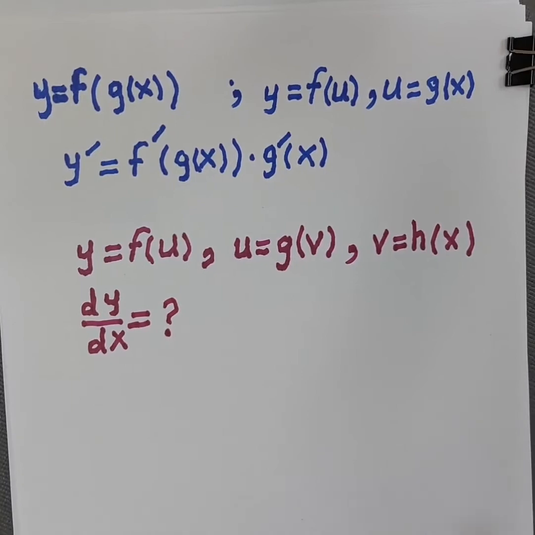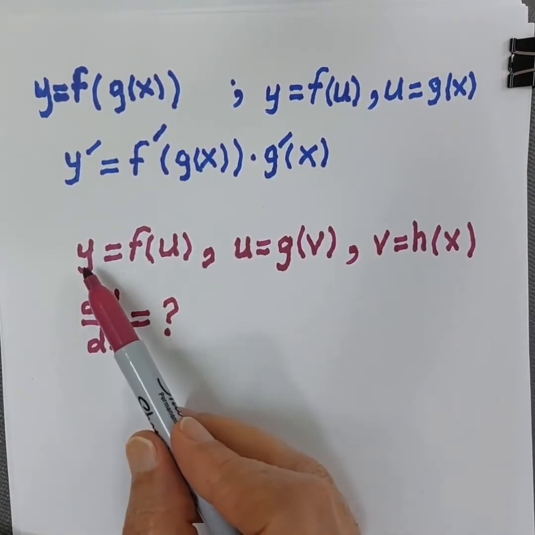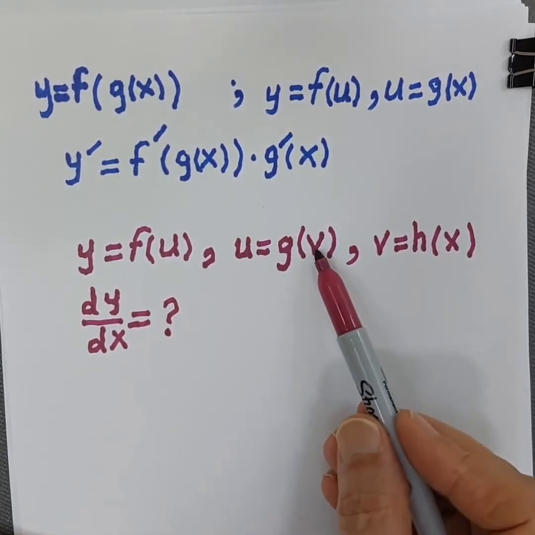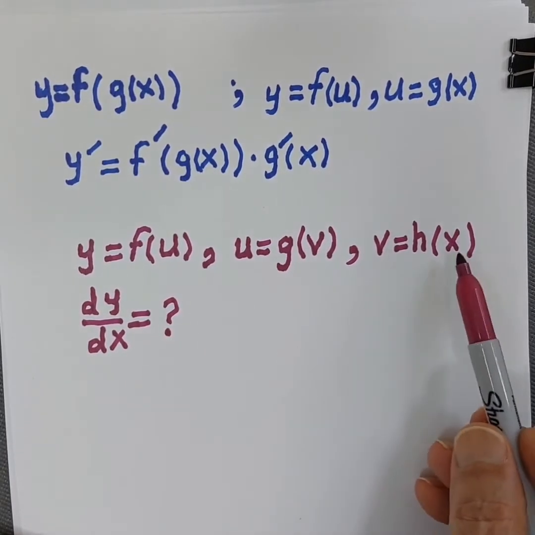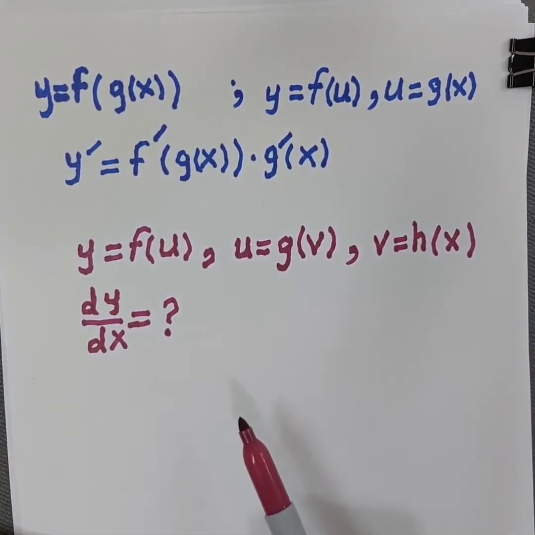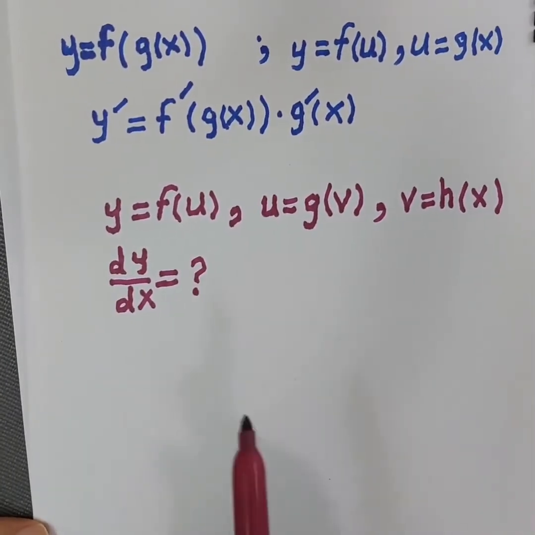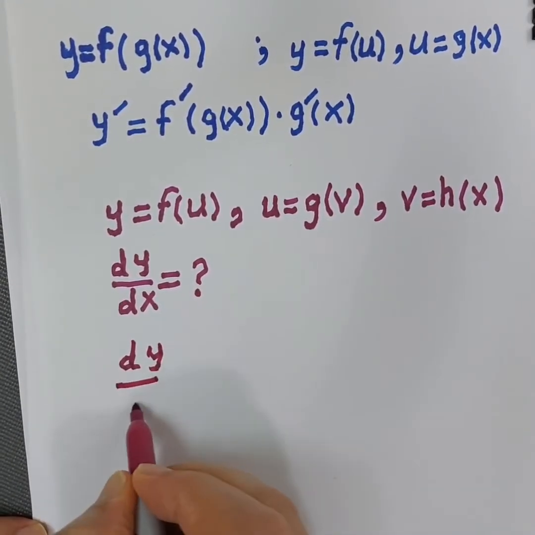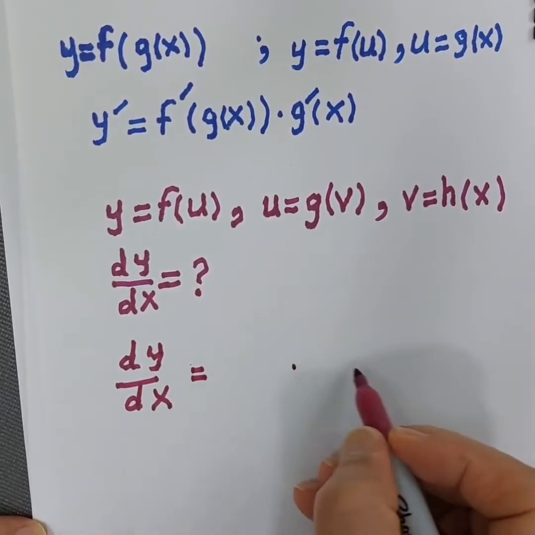It's easy, just the general use of the chain rule. We just find the derivative of y with respect to u, then the derivative of u with respect to v, and finally the derivative of v with respect to x, and multiply all the results together. That means we can write dy by dx as multiplying three derivatives together.